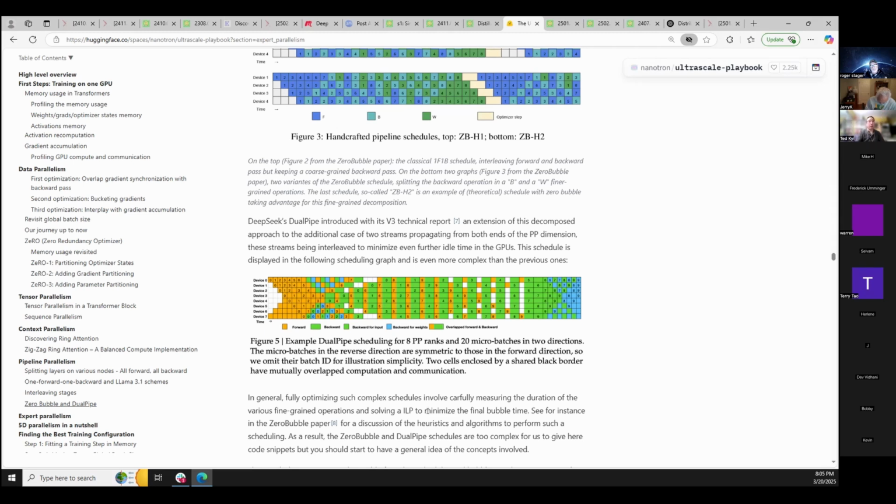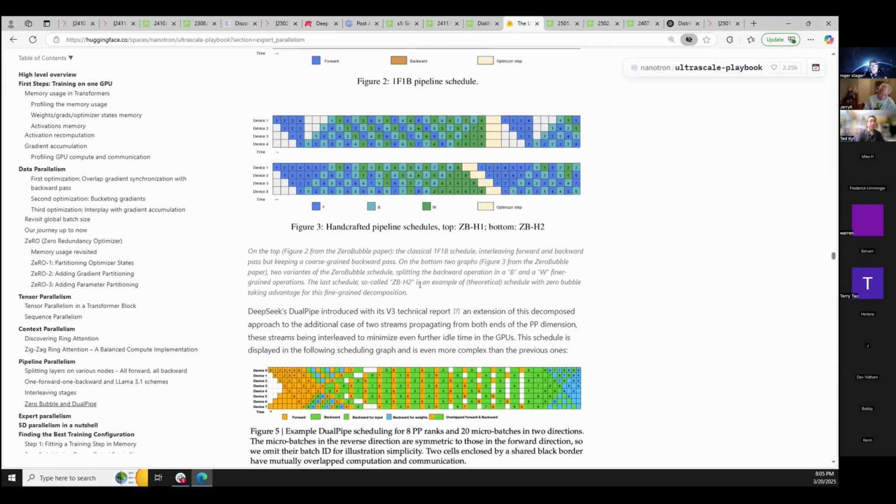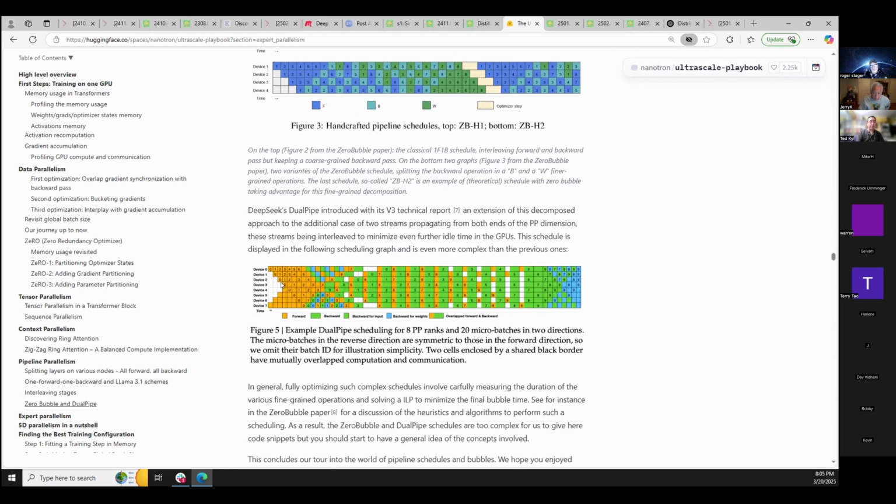So what I was talking about here, about this GPU being just the earliest one, now basically half of it is early and half of it is late. Instead of being just the last GPU, half of it is the last GPU, but half of it is the first GPU. And so then instead of seeing here where you just have a straight staircase coming from the top, now you see a stair coming from the top, a stair from the bottom, they're meeting in the middle, and then doing this.